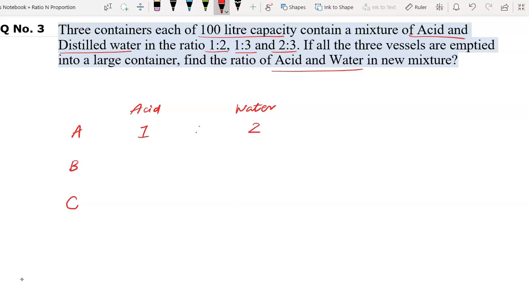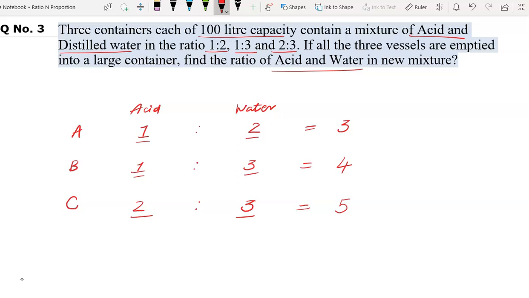In the second container, it's in the ratio 1:3, and in the third it's in the ratio 2:3. Now what we will do, we will add this. 1 plus 2 is 3. 1 plus 3 will give us 4. 2 plus 3 will give us 5.